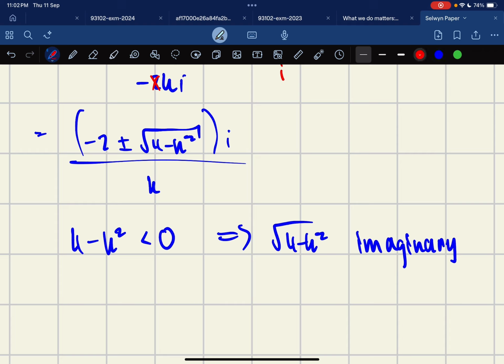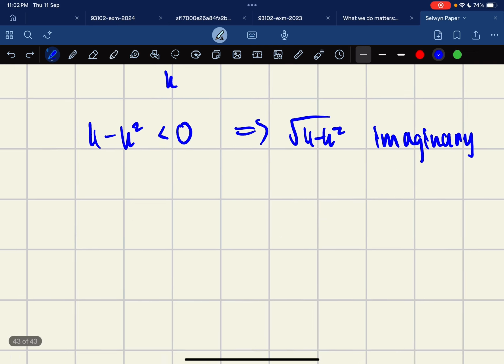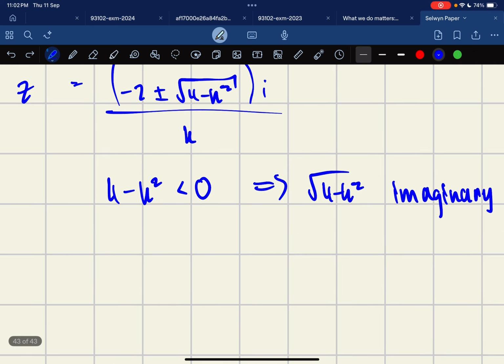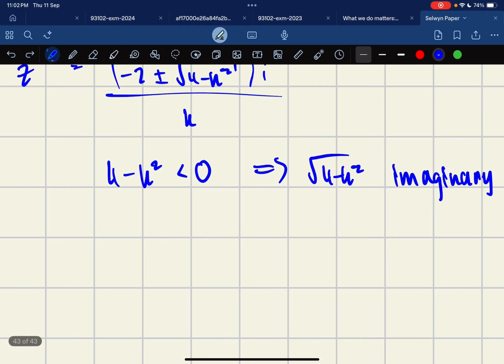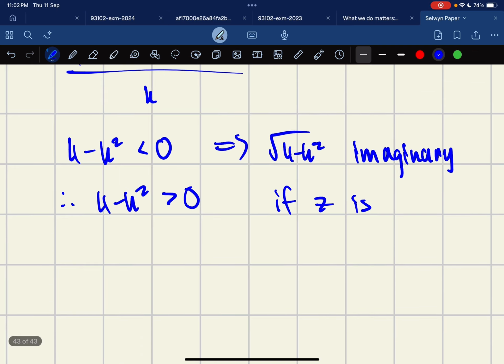If that's imaginary, and you're multiplying the imaginary number by another imaginary number, then you're going to get a real number, right? Because you're going to get i times i. So this means that 4 minus k squared must be greater than 0 if z is purely imaginary.